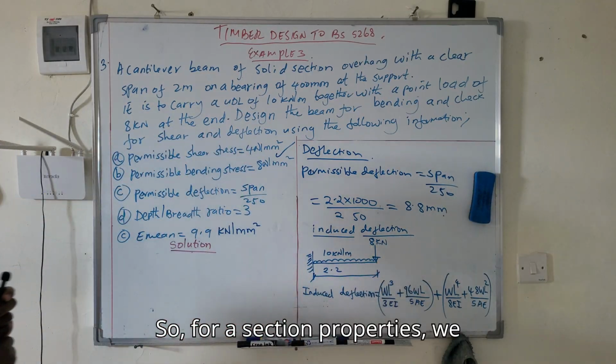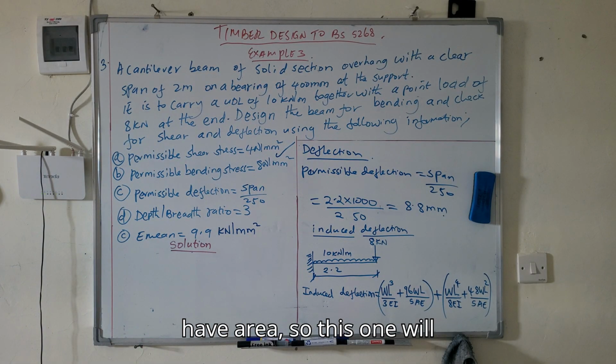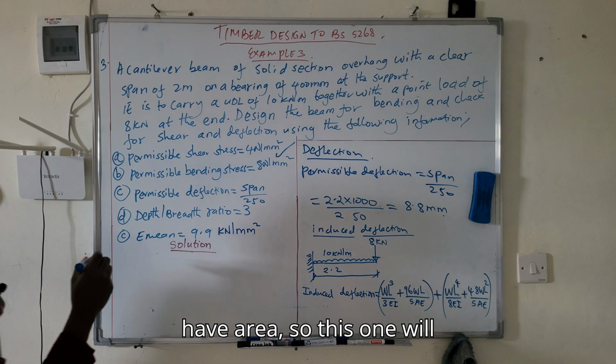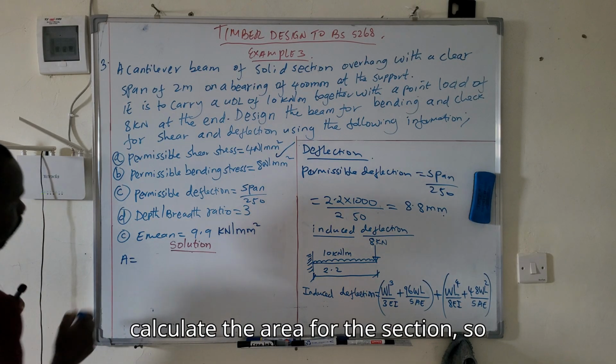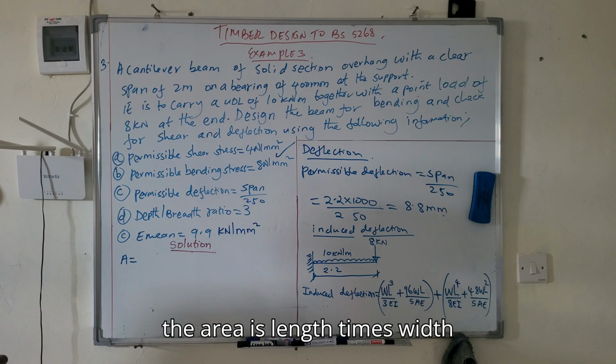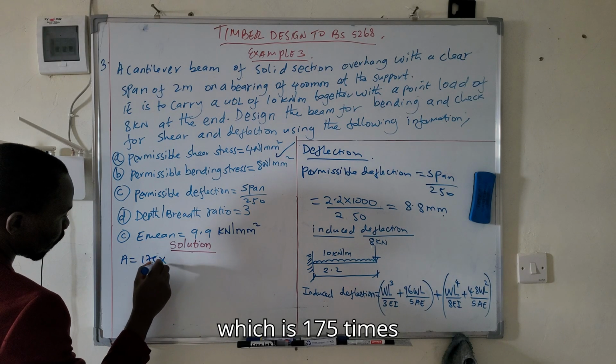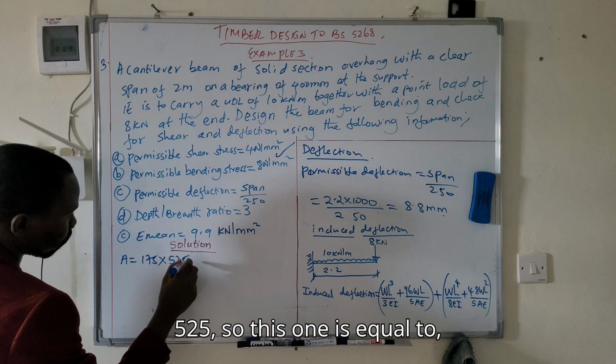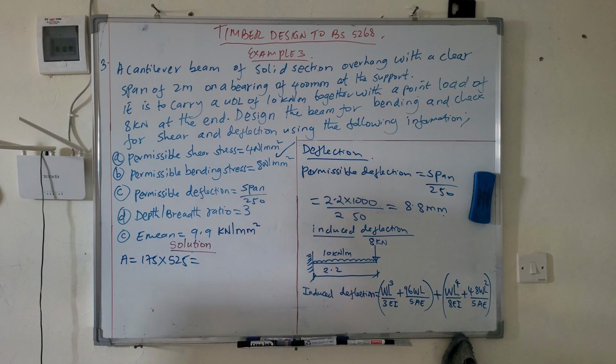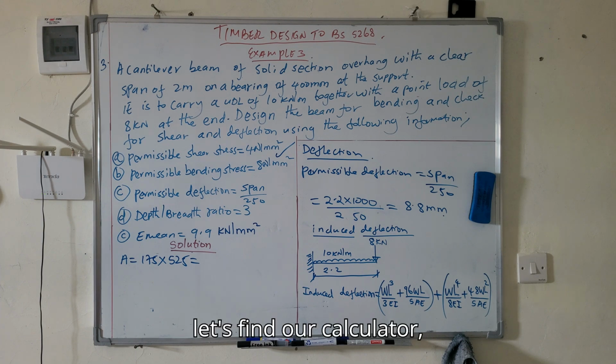So for section properties, we have area. So this one will calculate the area for the section. The area is length times width, which is 175 times 525. Let's punch our calculator, 175 times 525.